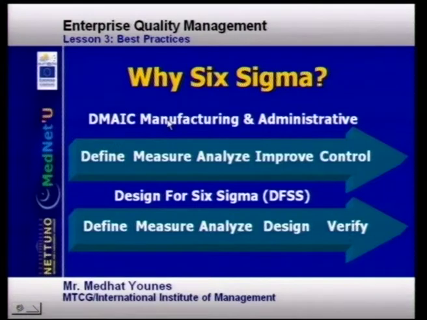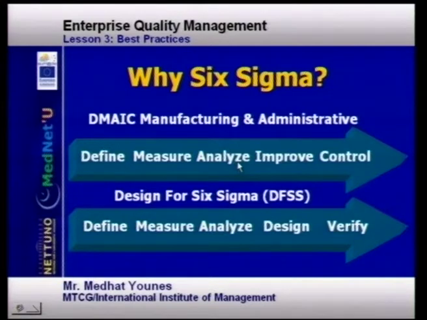The manufacturing and administration methodology is the DMAIC, or Define, Measure, Analyze, Improve, and Control. The success of the existing process improvement depends on the definition. We know what service levels are, and we define defects. On measurement, we have proven metrics.